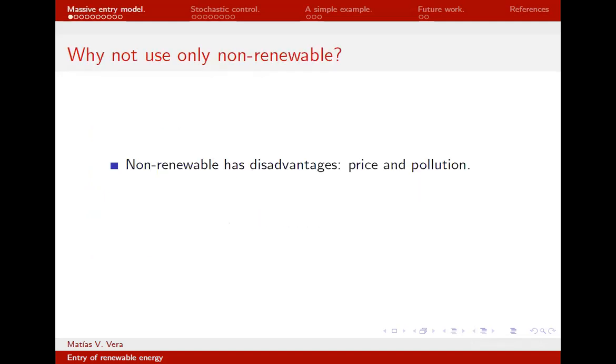So let's start with a question. Why not use only non-renewable energy? Non-renewable energy has been used for years now, for decades. I don't know if it's centuries, but non-renewable has basically two notable disadvantages, or more. The first one is price, and the second one is pollution, okay?